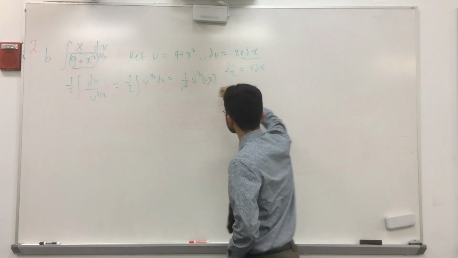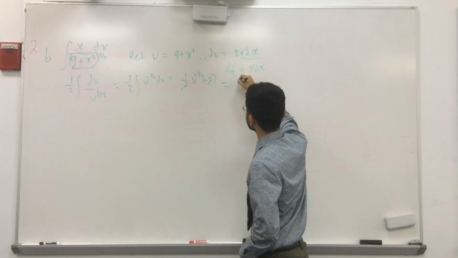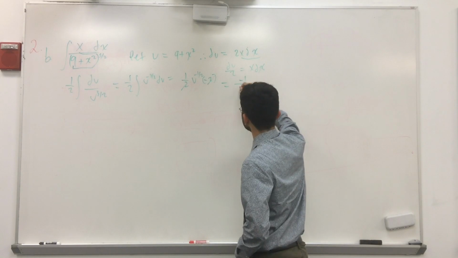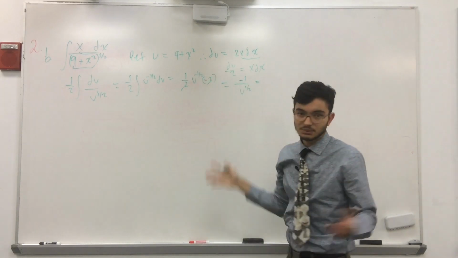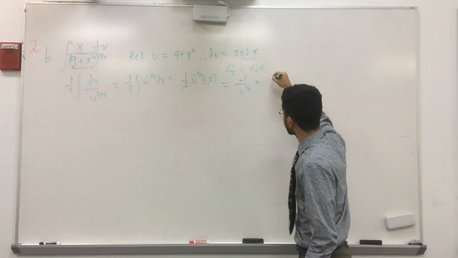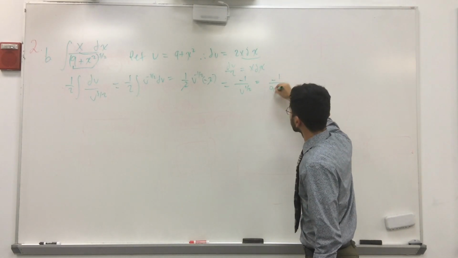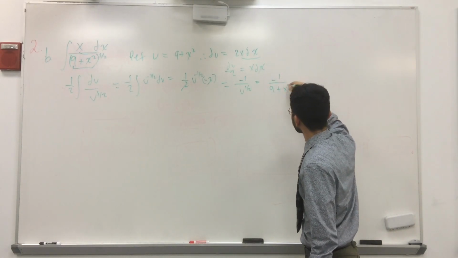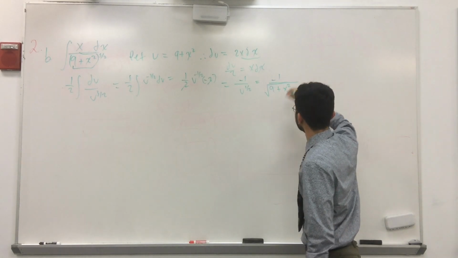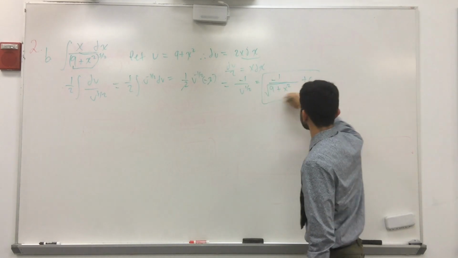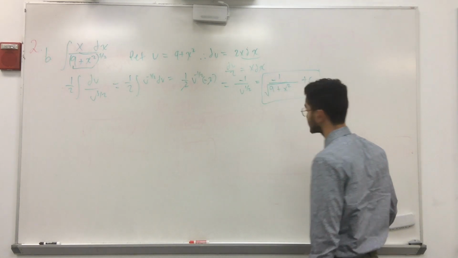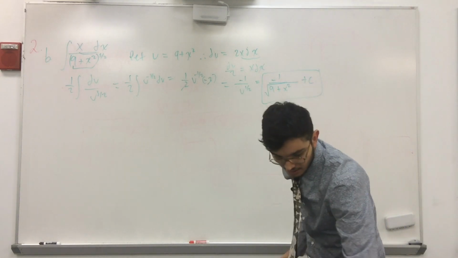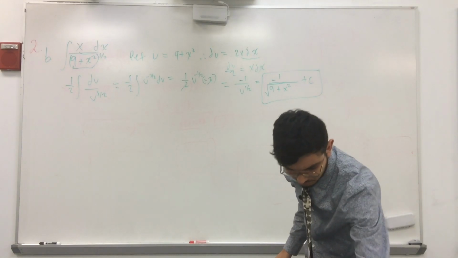And the 2 cancels out, so we have negative 1 over u to the 1/2. And u is 9 plus x squared, so we substitute this and we get negative 1 over the square root of 9 plus x squared, plus c, don't forget plus c. That's the indefinite integral. Now let's do question number 3.